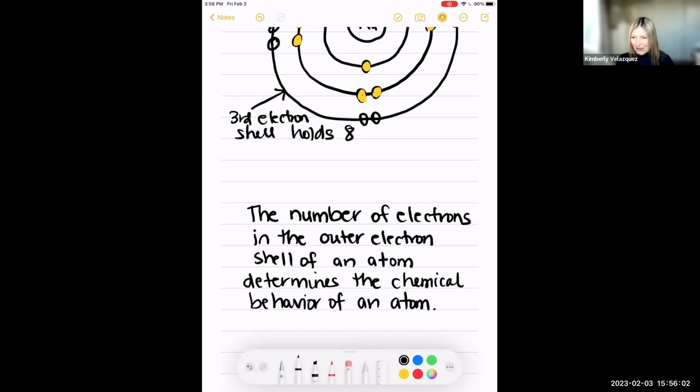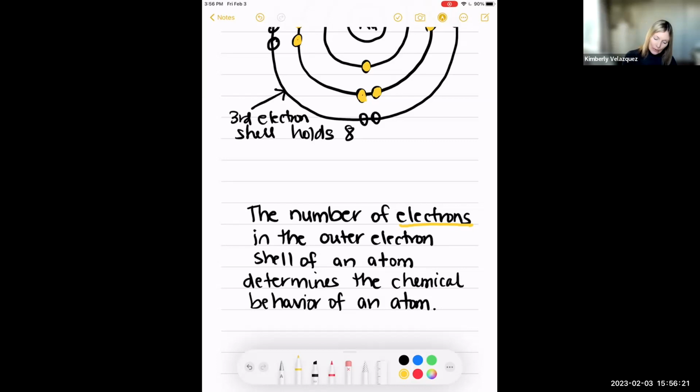This is why it's really important to understand subatomic particles, because those electrons are hugely important in determining the chemical behavior of an atom. Who bonds with whom? Who doesn't need to bond with anyone because they're perfectly fine just being by themselves.